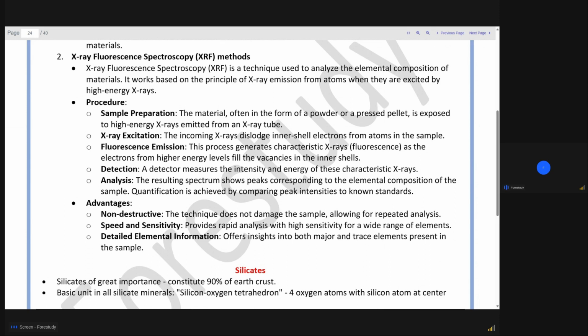So why have the hassle of doing XRD? In XRD and XRF we get to understand the different polymorphs. I think I have told you what polymorphs are in the previous classes. So different polymorphs we will be able to understand using XRD and XRF.